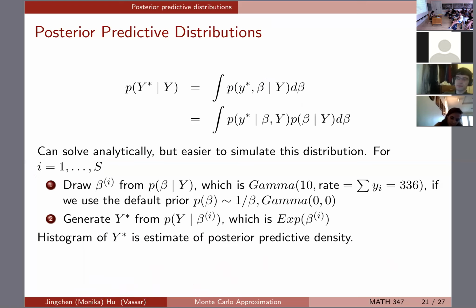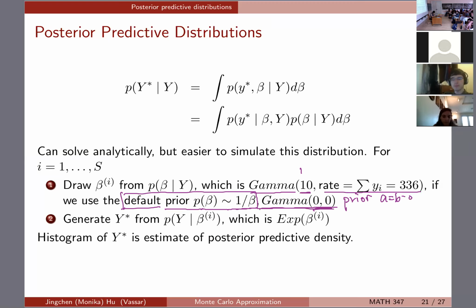So here, for now, we're using a default prior. We'll talk about this maybe in another context, but for the gamma exponential, the default prior for this beta is 1 over beta, and it's a gamma 0, 0. Because a is 0 and b is 0, the posterior will just become n and the sum of y, based on what we did before.